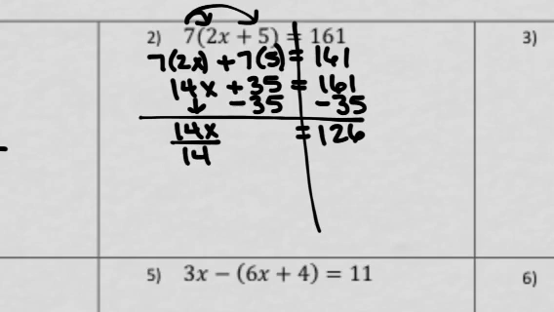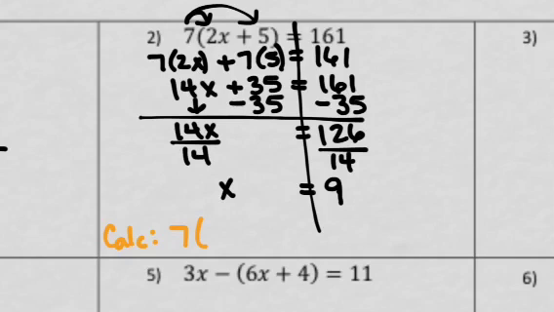Divide both sides by 14. We are left with 1x on the left, and 126 divided by 14 is 9 when we use the calculator. So on the calculator check, you are going to type in 7 times the quantity 2 times 9 plus 5, and that should equal 161 on your calculator.